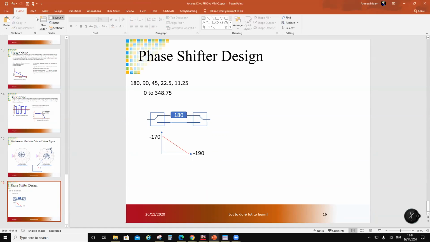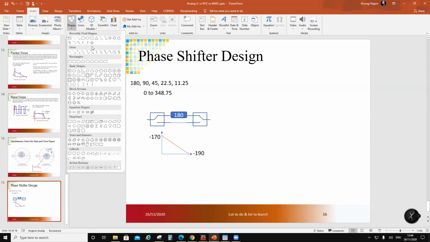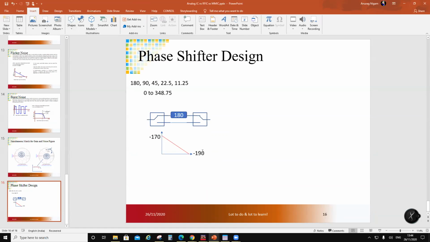And somewhere in between, where you have designed, it will be minus 180. So you have 180 degree phase shift at only one frequency for which you have designed. Now this is not desirable.